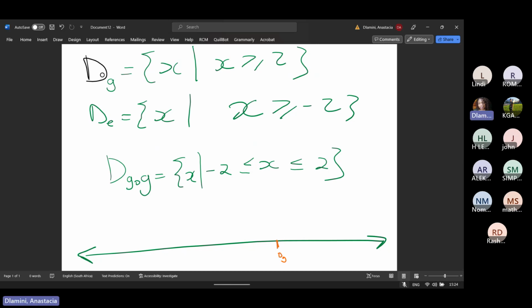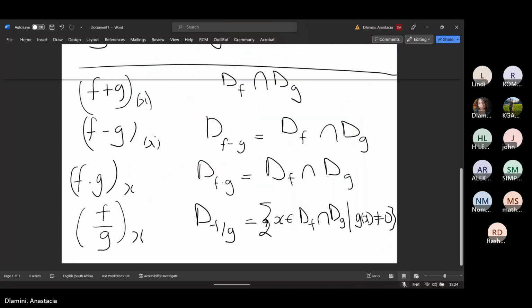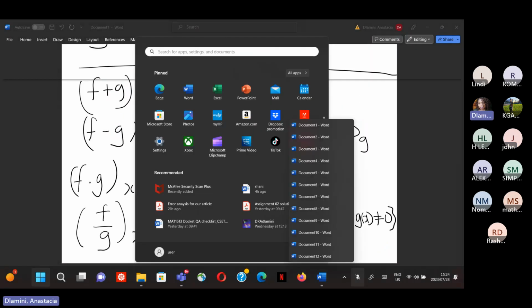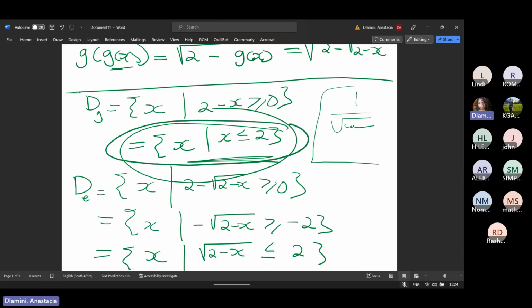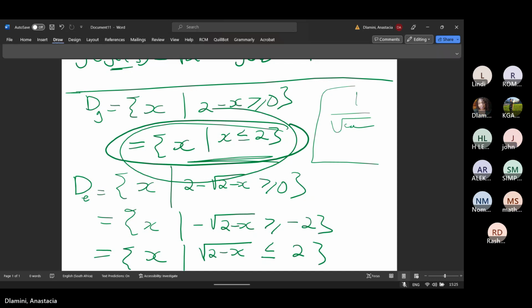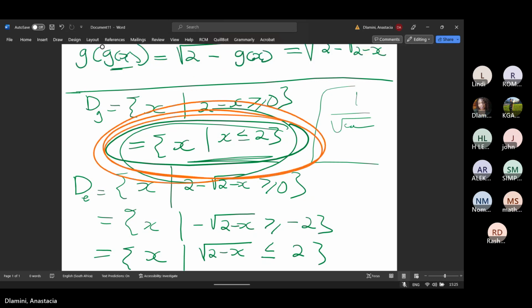Something is wrong with that, guys. Let's go back to our notes. Oh, is that it? I think it's there. Our D of g is this one. Can you please look at it properly, guys? Oh, x is less than or equals to 2.